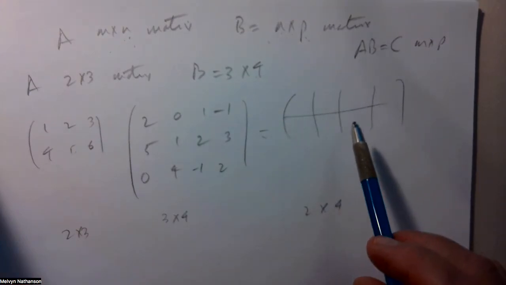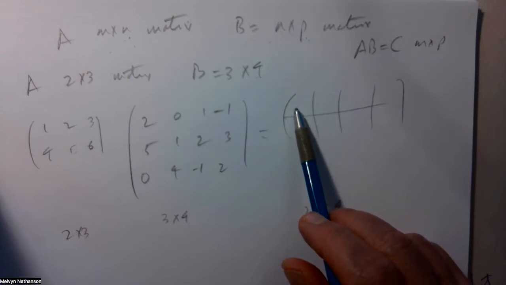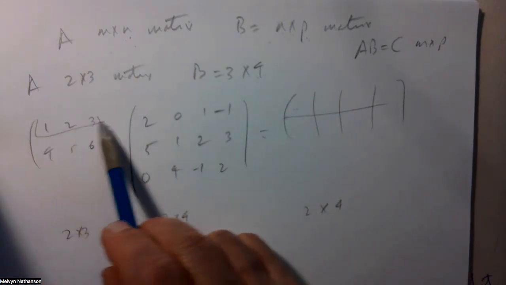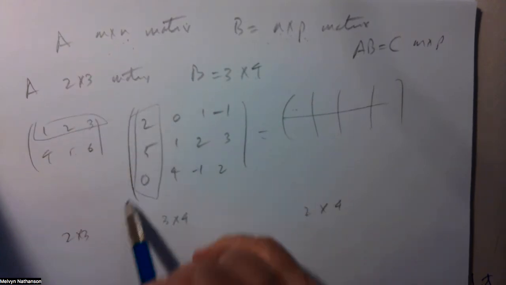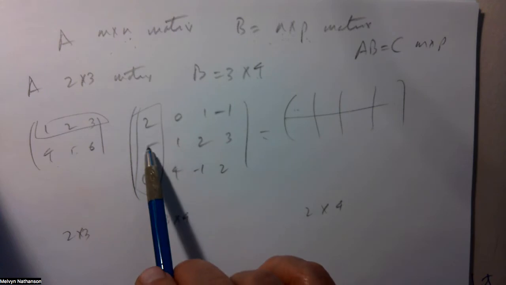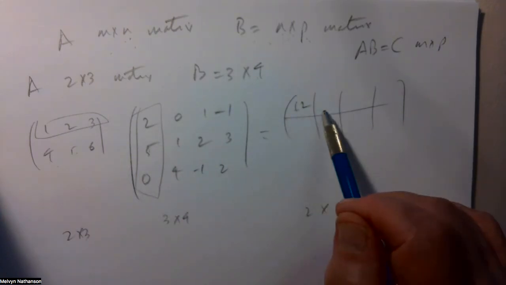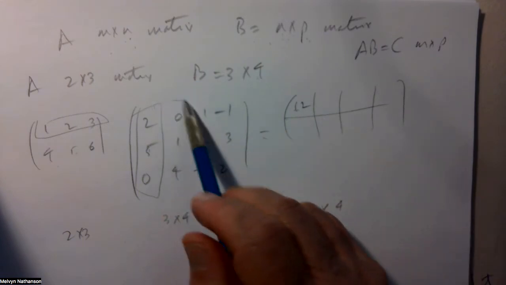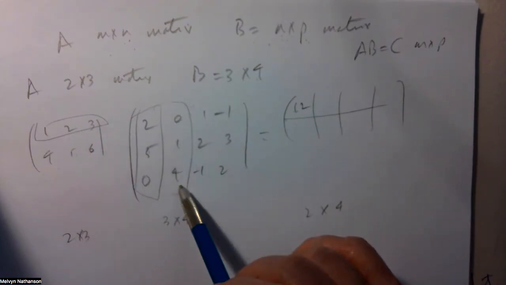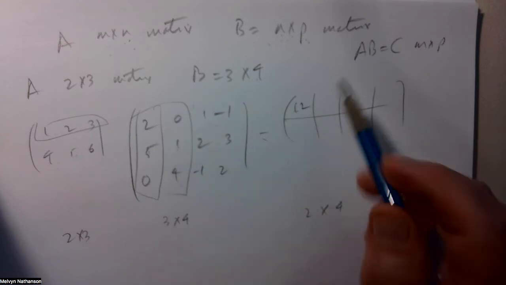And the way you get that is, like the different boxes, you put in the numbers. This is row 1, column 1. Take row 1 and multiply it into column 1. You get 2 plus 10 plus 0. For the first row, second column, you take the first row and multiply it by the second column. You get 0 plus 2 plus 12.